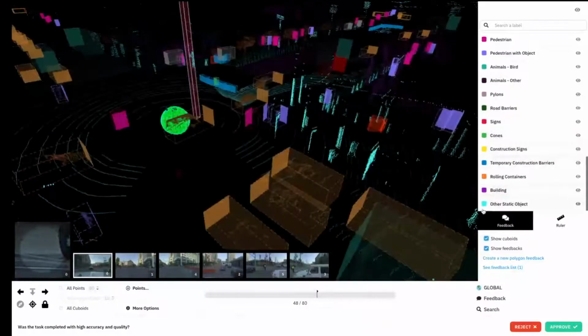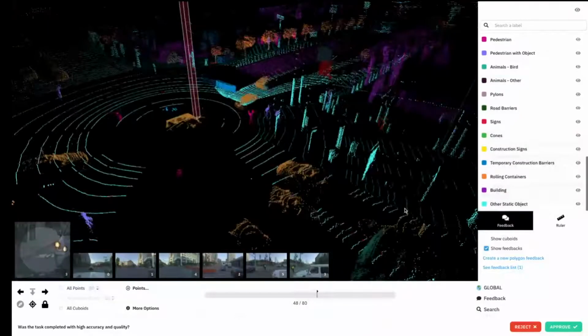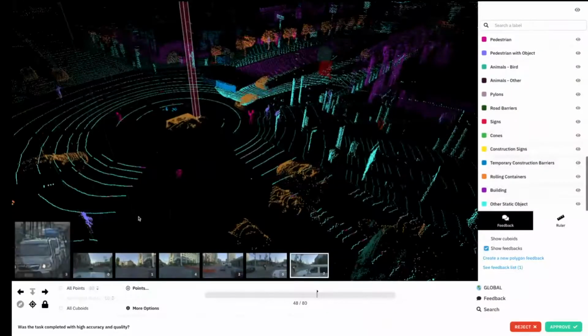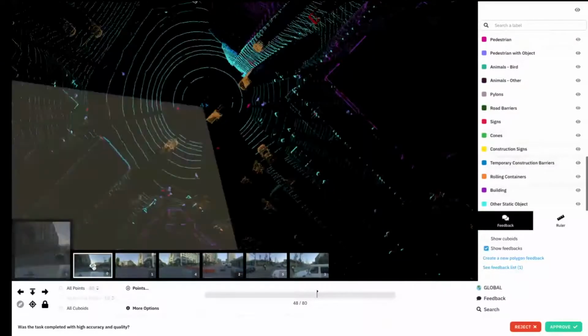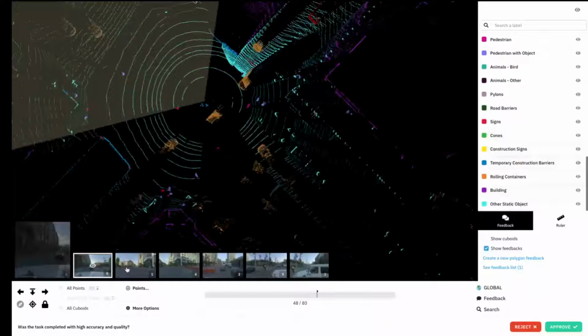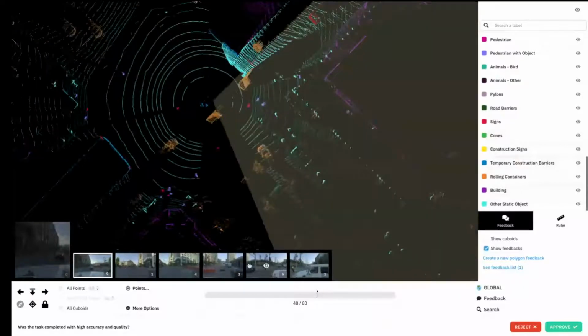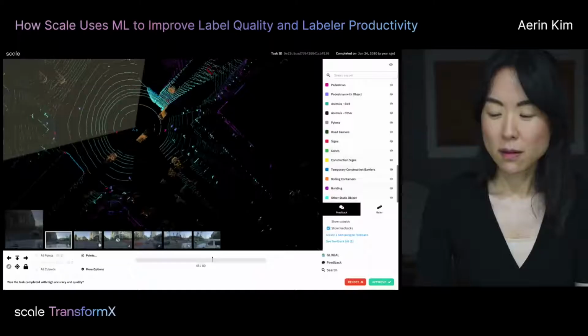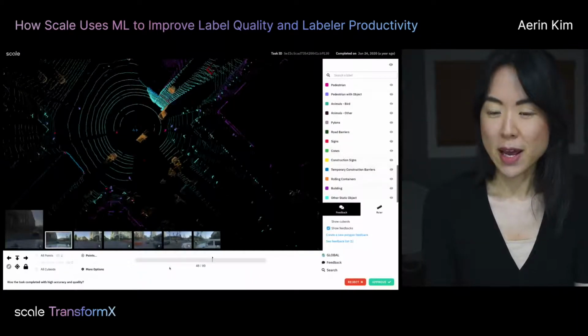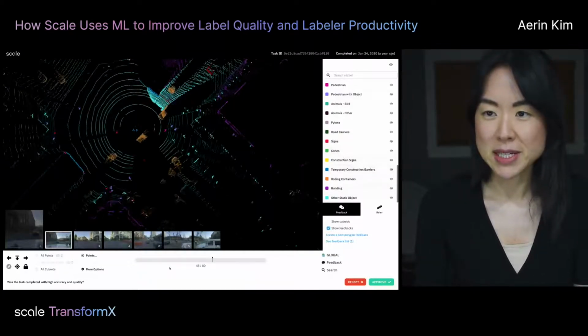And on top of that, we are fusing the data from multiple sensors, like camera. So when I mouse over different cameras, it shows the angle of the camera view. Move to a different frame, and let's click the camera and see.